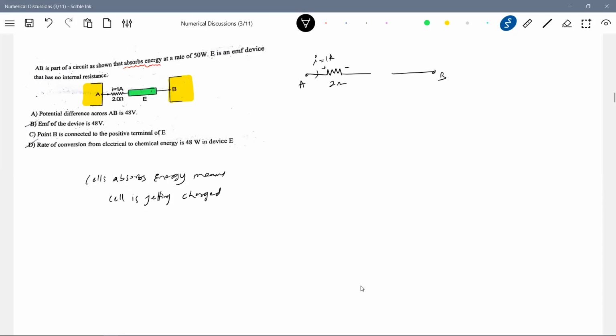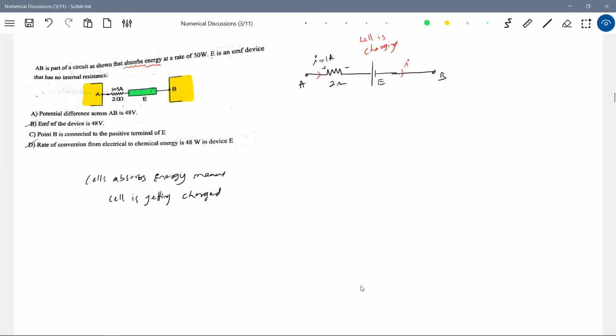When getting charged, what will happen? The current will enter the positive terminal, no? So it has to be like this, the EMF of the cell. When a current enters the positive terminal, it is said to be charging. If a current leaves the positive terminal, the cell will be discharging. That is the meaning of absorbs here.